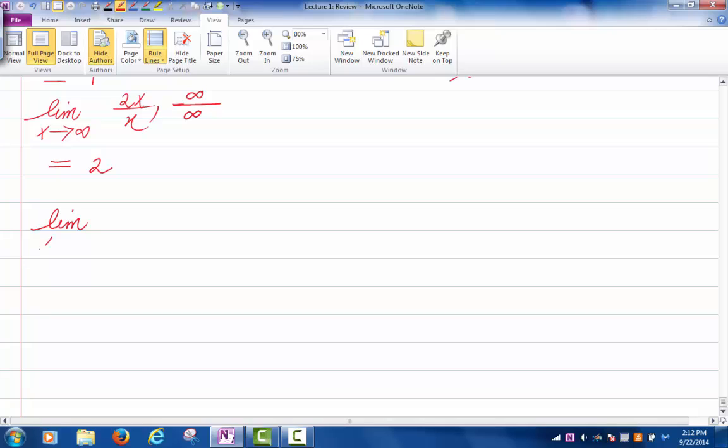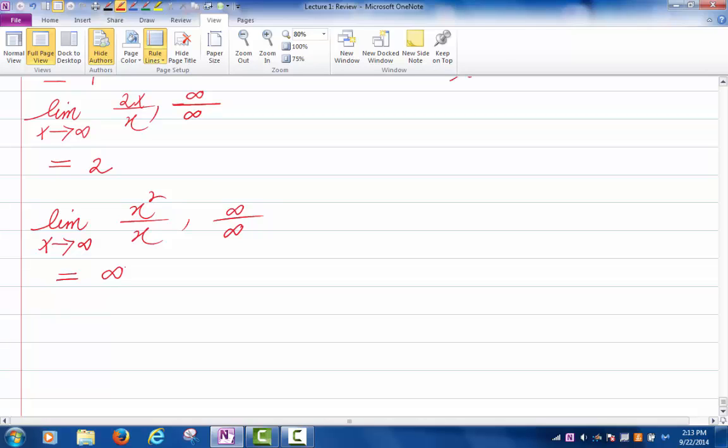If I take the limit as x goes to infinity of x squared divided by x, I have infinity over infinity again. However, this time x squared divided by x is just x, so as x goes to infinity, the limit is infinity. What's happening here? The numerator is growing much faster than the denominator.